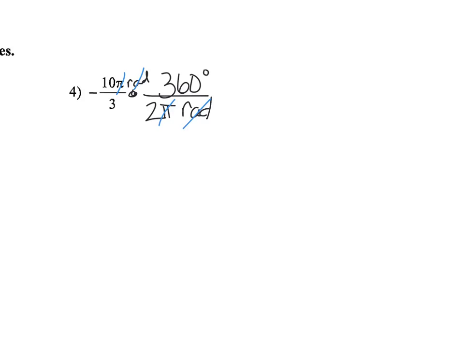And if you want, you could do 360 divided by 2, or 360 divided by 3, or 10 divided by 2. Doesn't matter. Put in your calculator negative 10 times 360 divided by 6. You get an answer of negative 600 degrees. So conversions aren't too bad if you remember to always multiply by this fraction that's equal to 1.